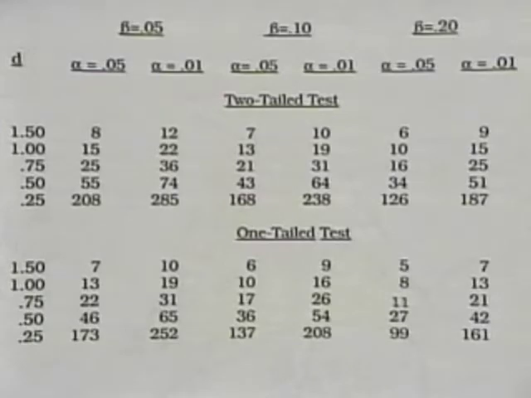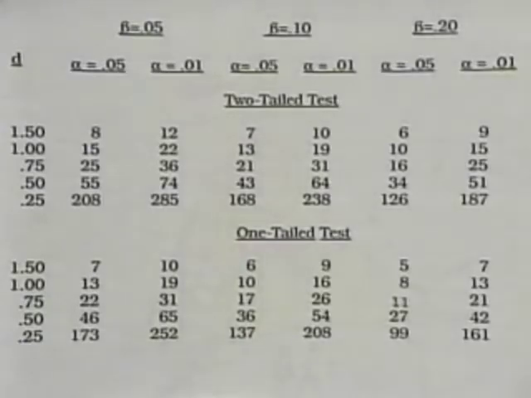Will we need to have fewer subjects or more subjects? Fewer subjects, yeah. So everything is the same now, except it's going to be 0.05. We found that sample size before for 0.01 was 54. Now for two-tailed test, for 0.05, it's 36.